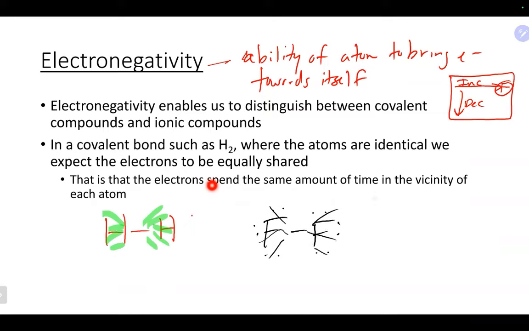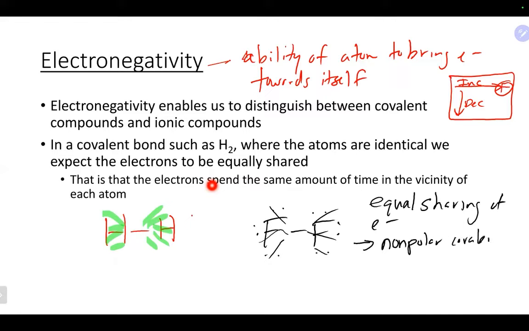When this occurs and we have equal sharing of electrons, this type of bond is referred to as a nonpolar covalent bond. Honestly, most people just call it a nonpolar bond.